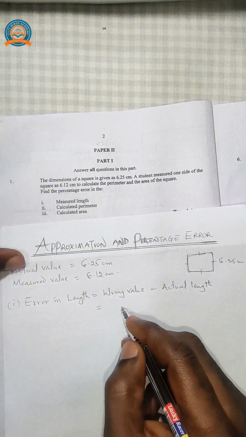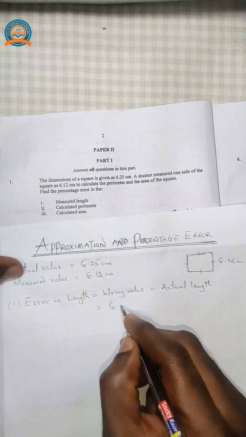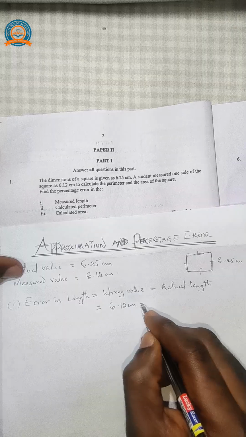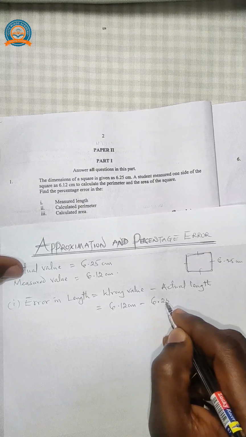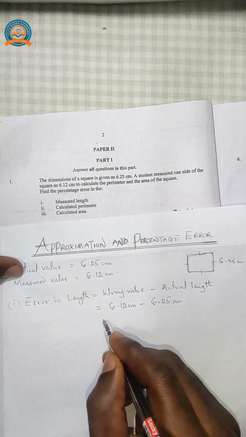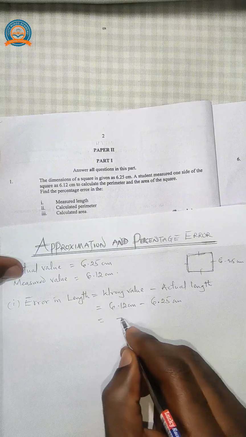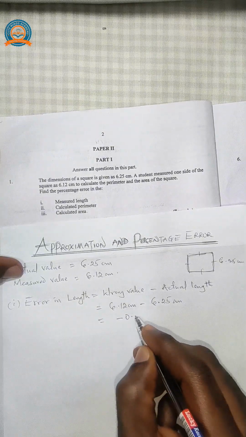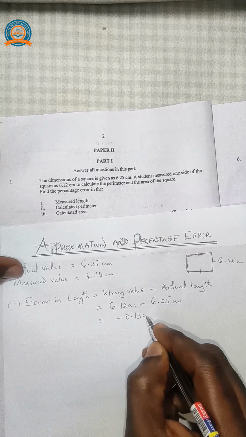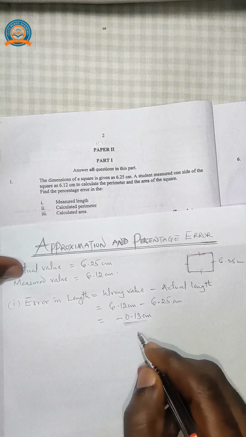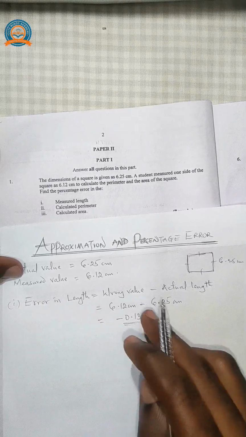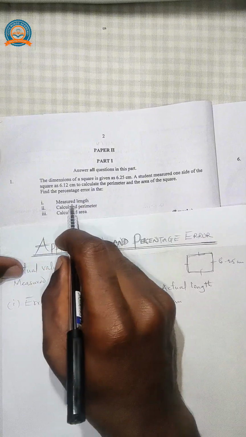And that's exactly 6.12 centimeter minus 6.25 centimeter. So finding this difference will give us a negative value of minus 0.13 centimeters.